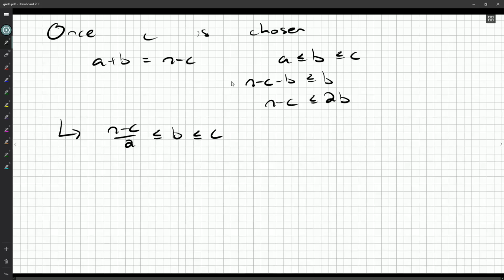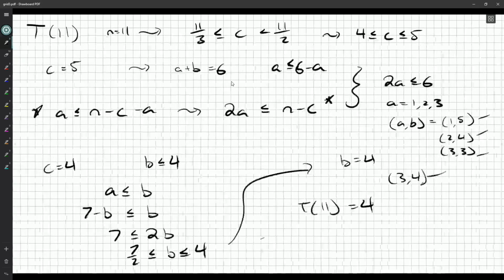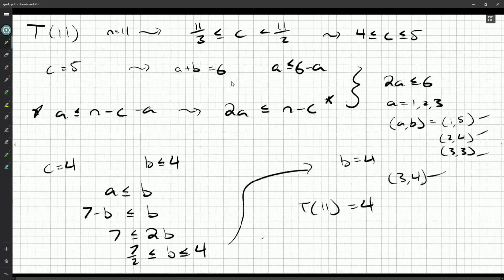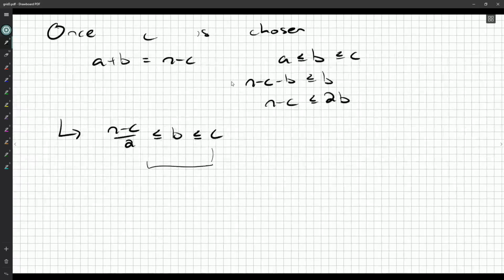equal to C. The next thing to think about is, is it possible that all B's in this range will work? Because if that's the case, I can get a nice formula in terms of C for the different B values, and then once a C is chosen, I can tell you how many without actually having to work them out like I did over on this page. Will that always work?